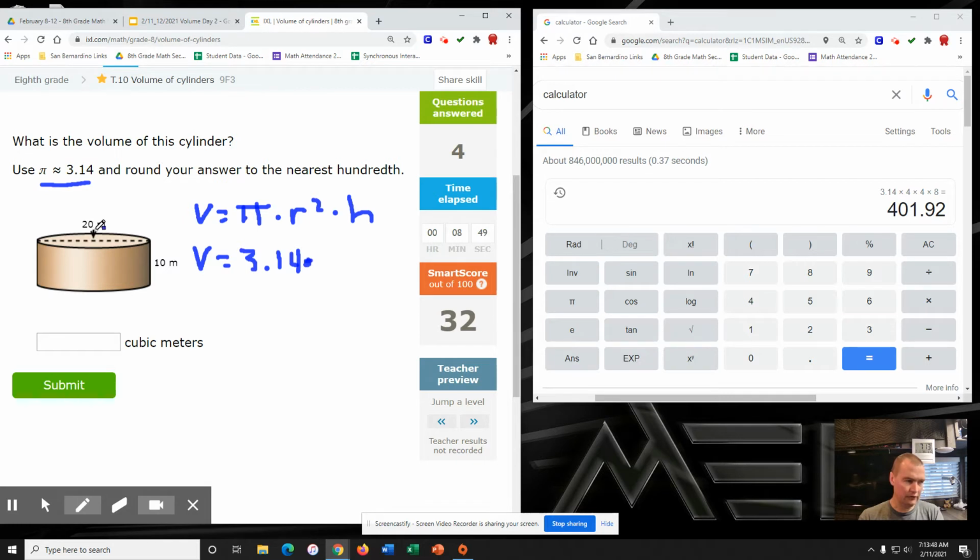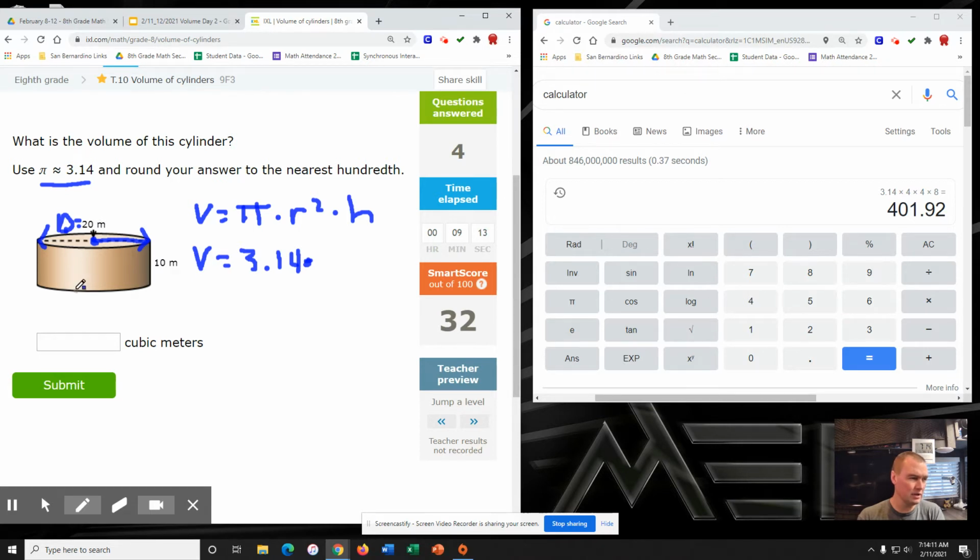Okay. Ooh, careful. The diameter in this case is 20. Well, Mr. Painter, why is it the diameter? Because if you notice, this dotted line goes completely across the entire cylinder. So what I normally want is I only want half of it from the center to the outside.